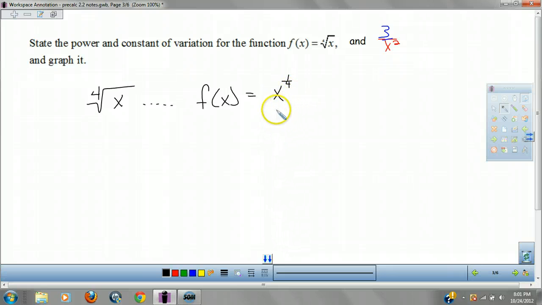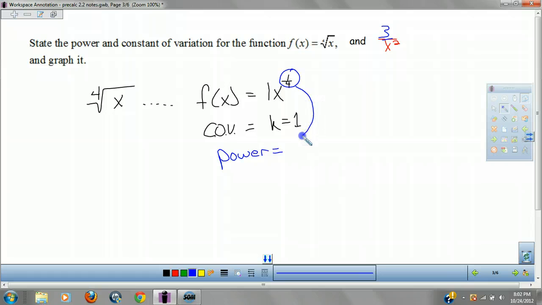So my constant of variation, my k, equals what number's out in front here? Well, 1. So my k is 1. K is your constant of variation, your COV, if you will. Now, what's my power? Well, you just take a look up here. 1/4.